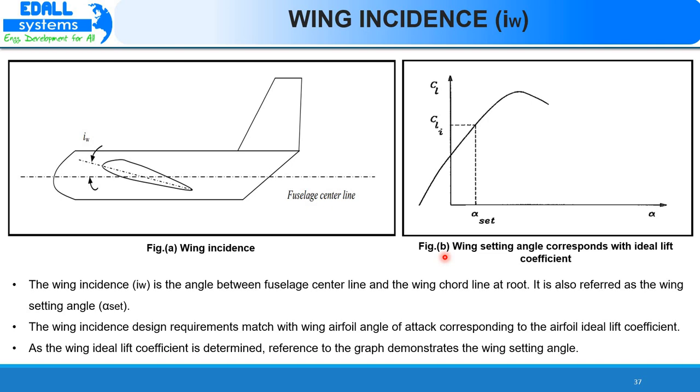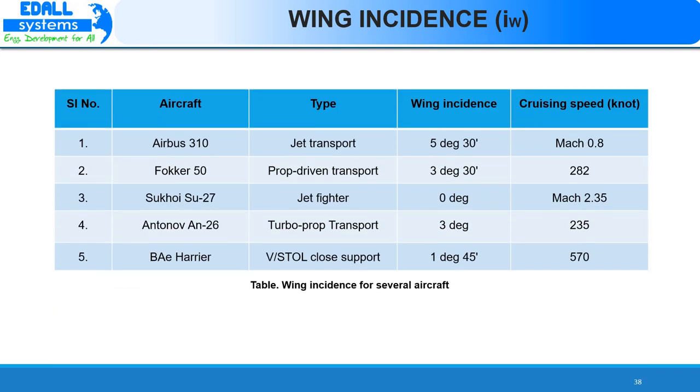Then the reference graph shown in figure B, which is CL versus alpha, gives the wing setting angle alpha set corresponding to the airfoil ideal lift coefficient CLI. The table on this slide shows the values of wing incidence for several types of aircraft.